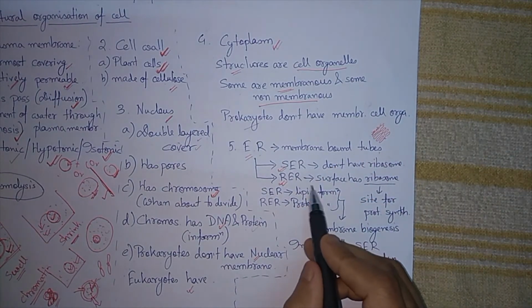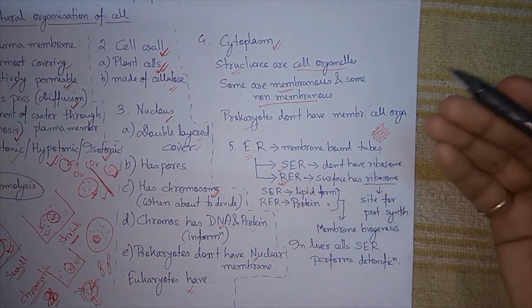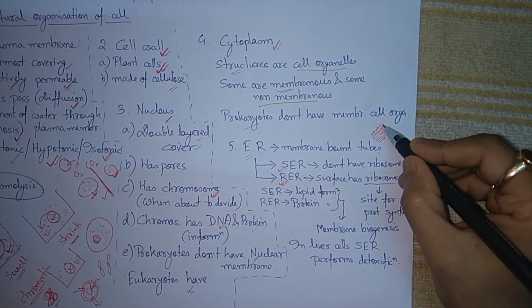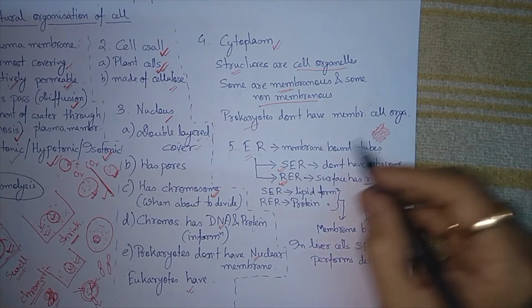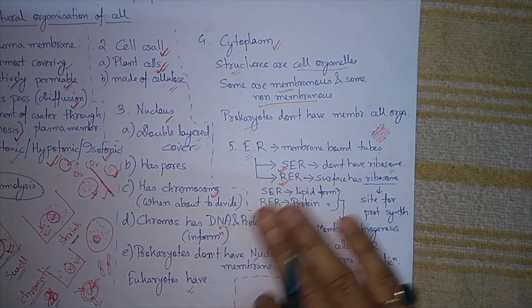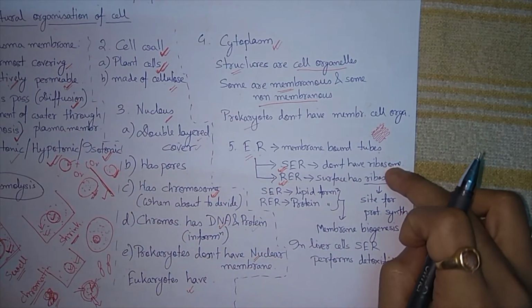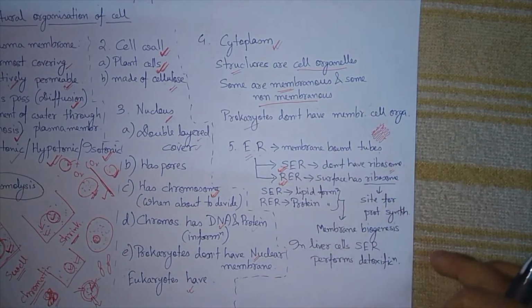That is why these ERs are known as rough endoplasmic reticulum. But some ERs are there whose surface does not have the ribosome. So in that case, those ERs are known as smooth endoplasmic reticulum. So very simple. Those having ribosomes are rough. Those that do not have ribosomes are known as smooth.